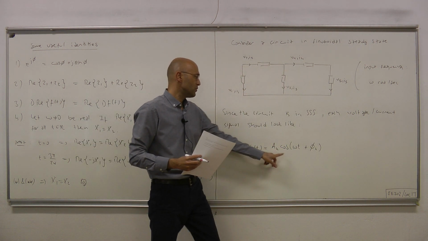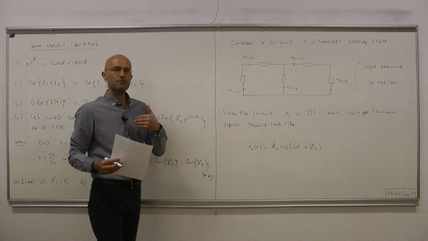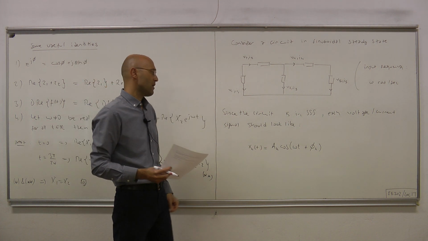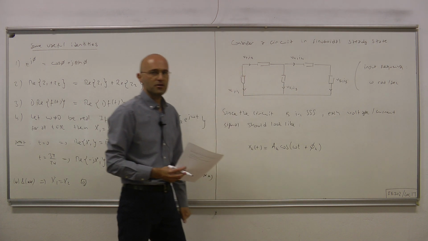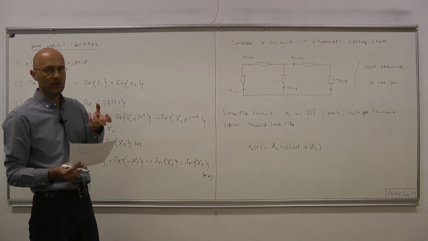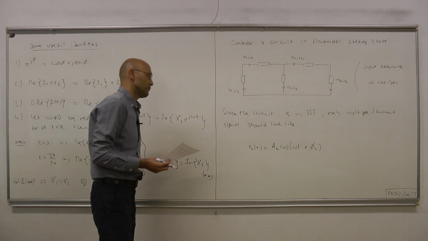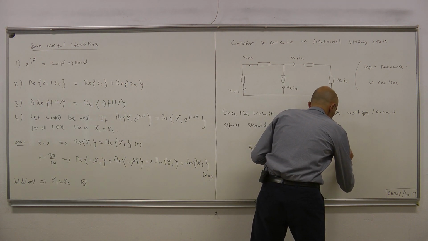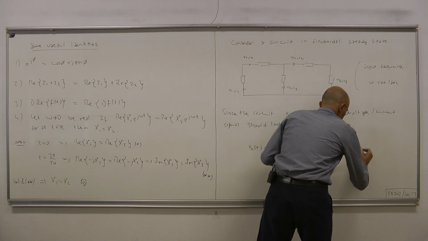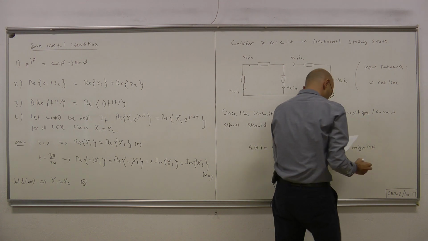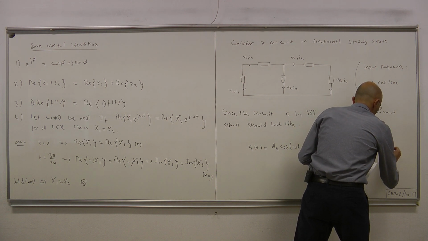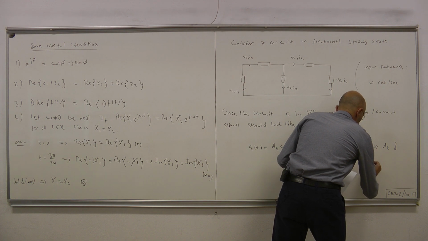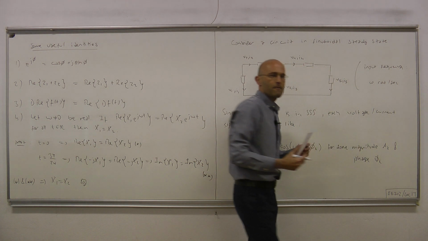This magnitude and this phase differ from component to component, but they all share one thing in common, the frequency of oscillations, which we denote by omega, and that's inherited from the input frequency. For some magnitude ak and phase denoted by phi k.